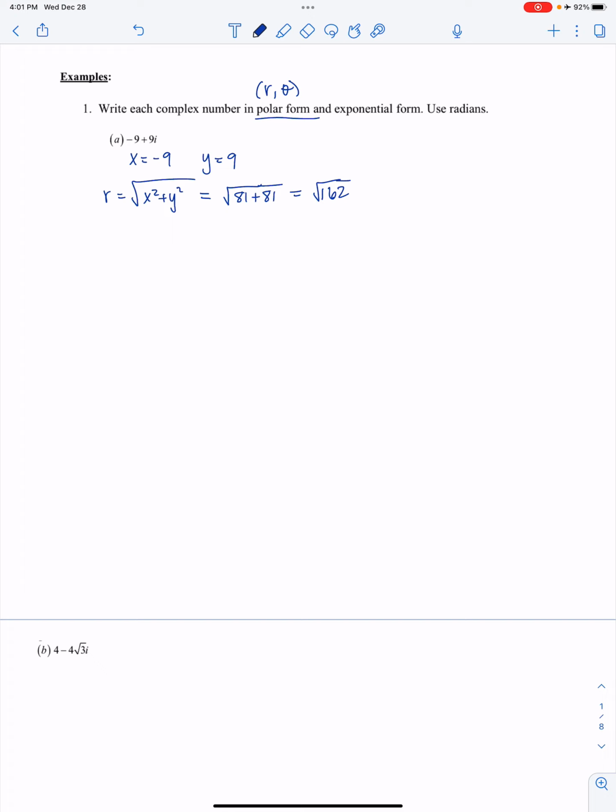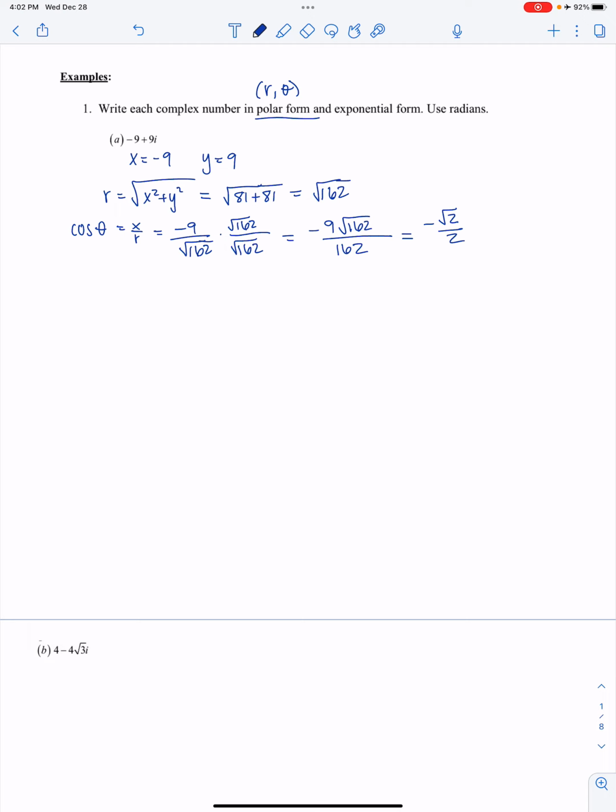Next, we need theta, so let's find cosine theta, which is x over r, which is -9 over root 162. Again, we're going to get rid of that root on the bottom. Root 162 over 162, we have -9 root 162 over 162. And this simplifies to -√2 over 2.